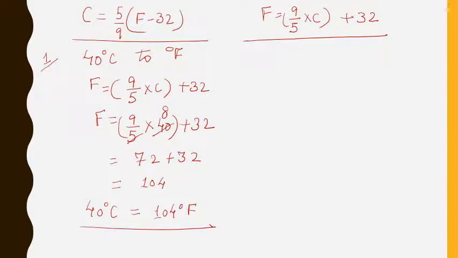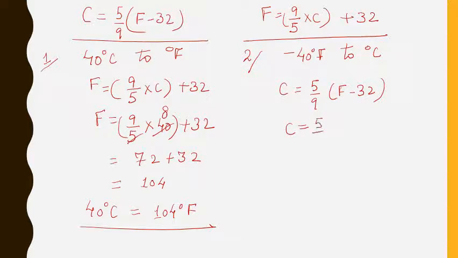The second example is to convert minus 40 degrees Fahrenheit into degrees centigrade. For this we'll use the formula C equals 5 by 9 into (F minus 32), because we have to find C. The value given for F is minus 40, and we subtract 32 in the bracket.